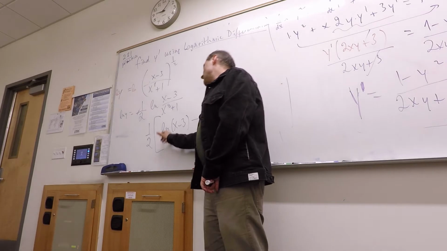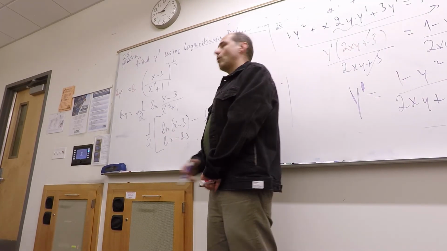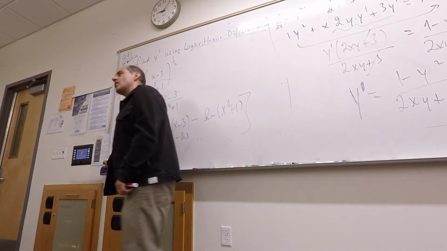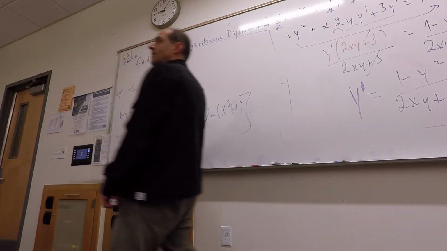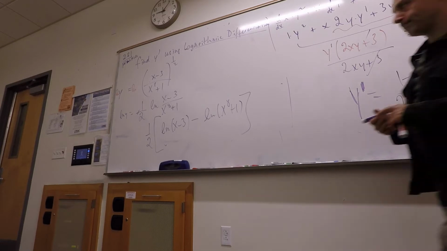Can I write ln of x minus ln of 3? No, there's no rule like that. I cannot simplify the logarithm anymore. Once you cannot simplify, you take the derivative implicitly on both sides.